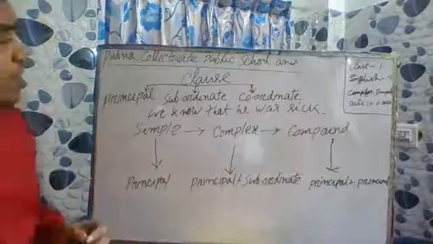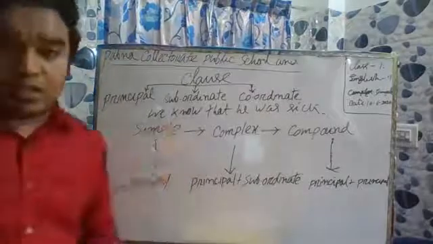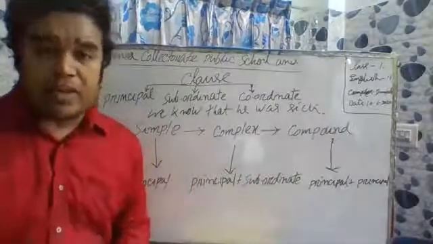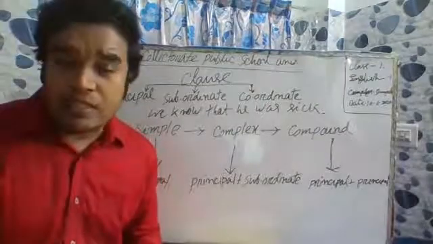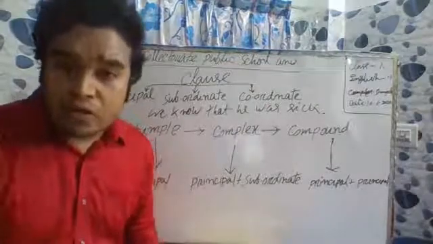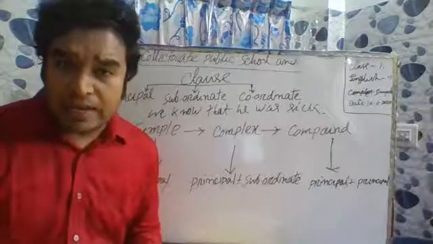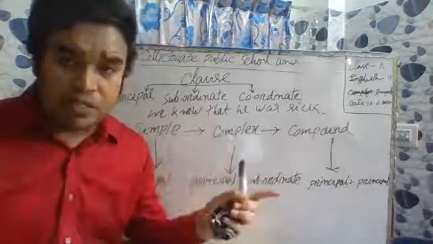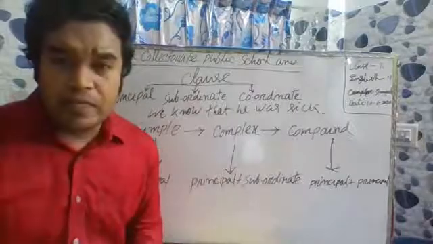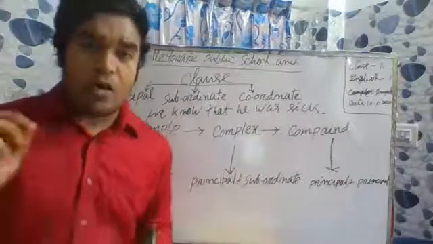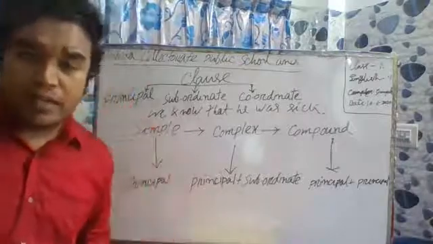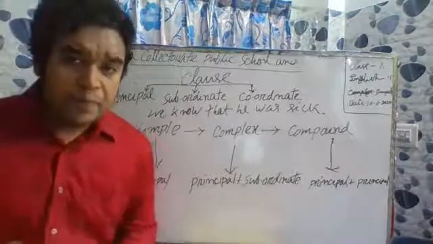Now I am going to the next word, subordinate clause. What is subordinate clause? Okay, dear student, listen carefully. Subordinate clause has also a subject and a finite verb like a principal clause, but it never gives a complete sense or a complete thought. Dear student, I hope you have understood.